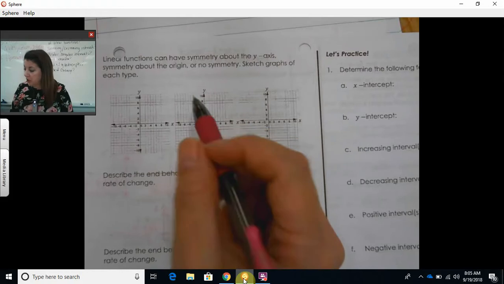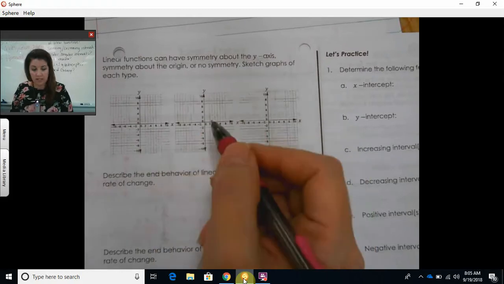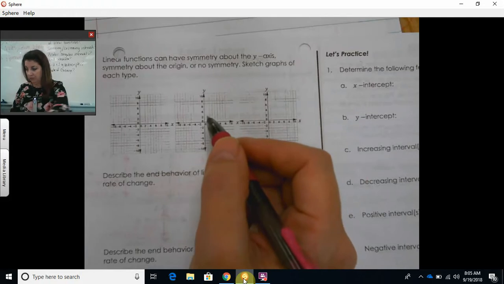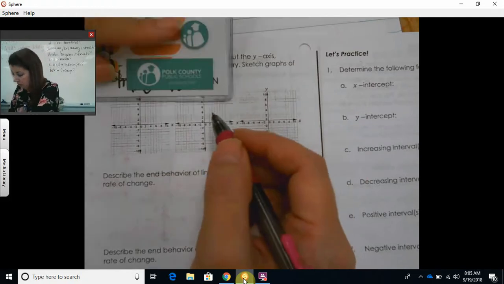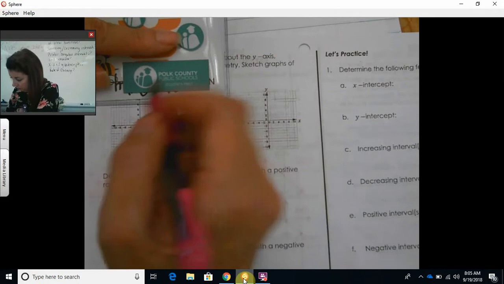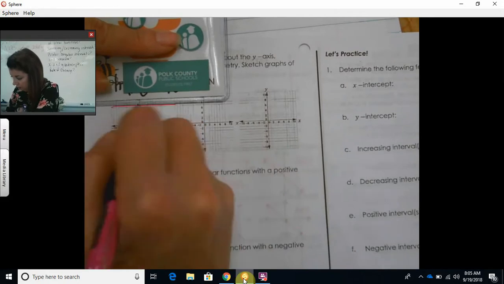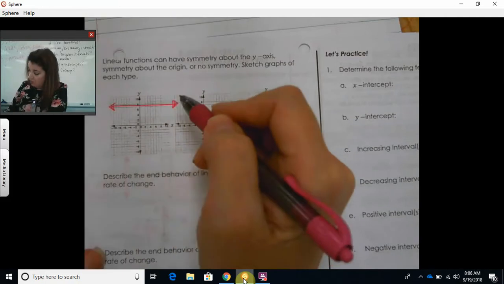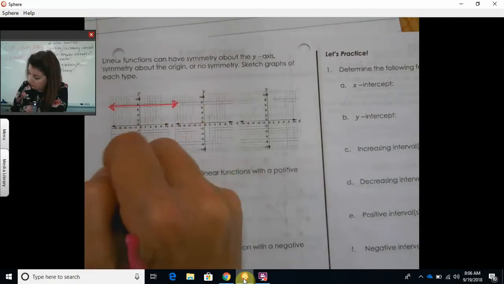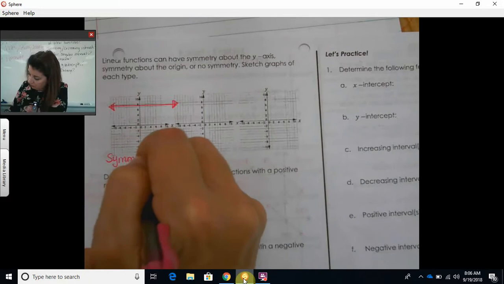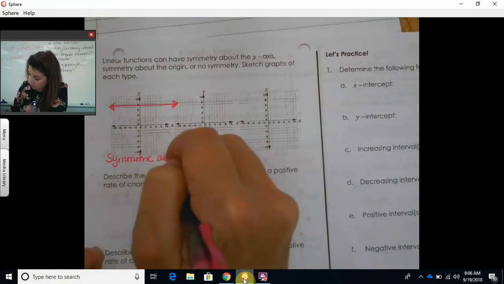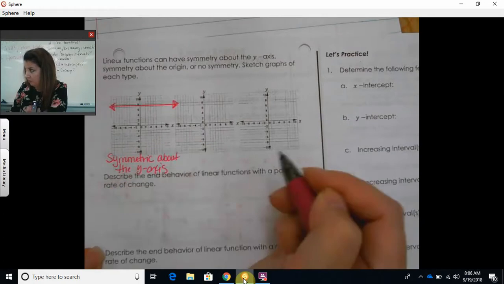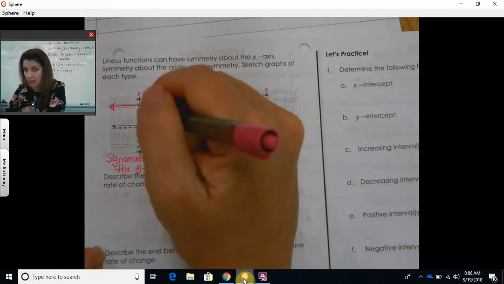So the first thing we're going to do is draw a line that's symmetrical about the y-axis. So basically that's going to be any horizontal line. So my example is symmetric about the y-axis. So here's my y-axis.